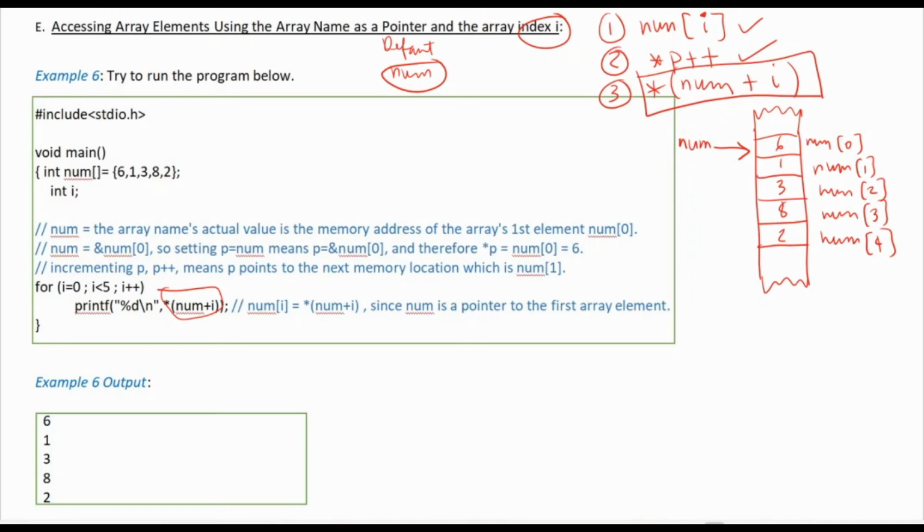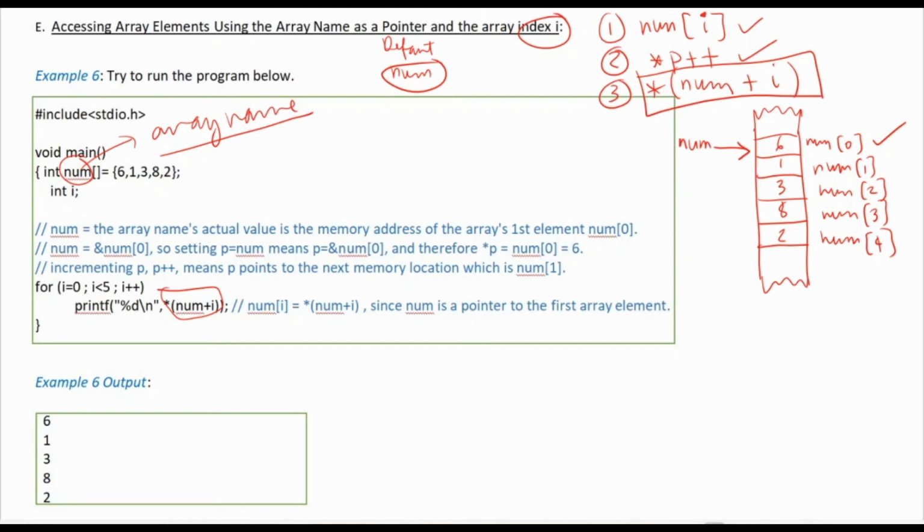Now, recall from our previous discussion that the array name, which in this case is num, is by default a pointer to the first element, which is num0. So we have here a single indirection pointer with the name num pointing on the first element, num0. You don't have to explicitly declare this single indirection pointer.